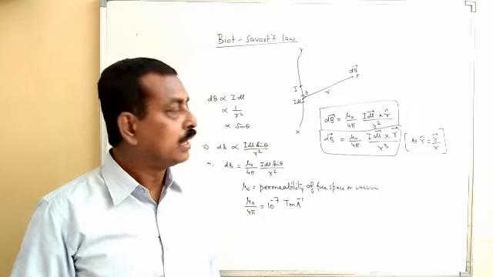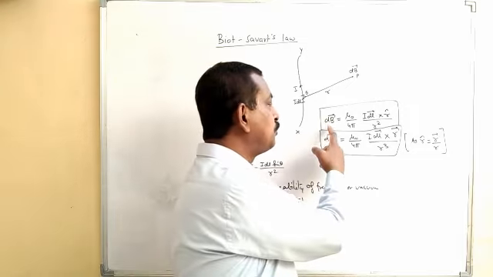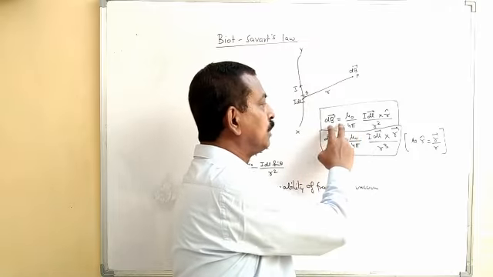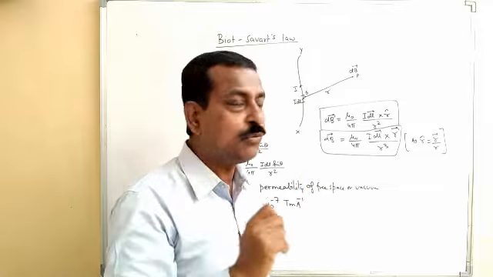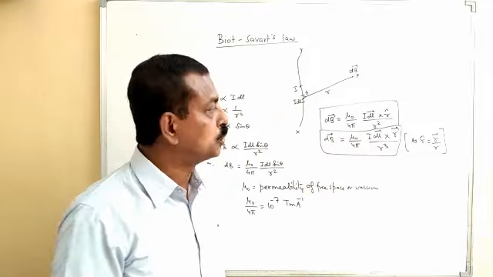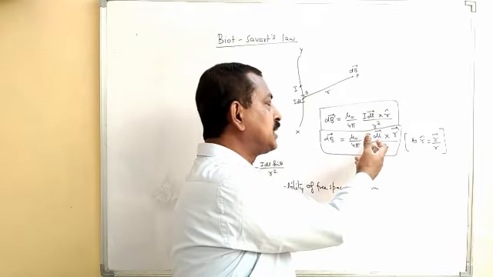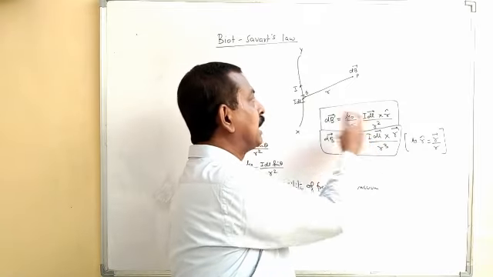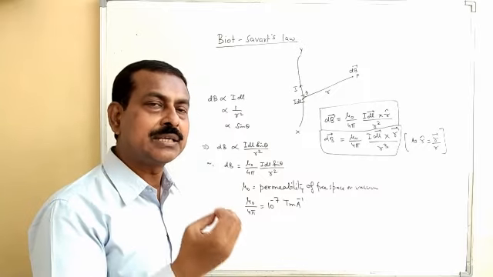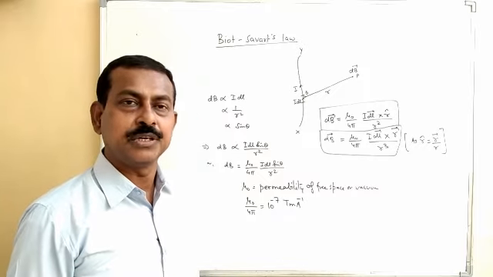Remember, the magnitude of the magnetic field we can give by this expression, and the direction will be given by the cross product. You just take the cross product of the current element and the r vector, and with that cross product you can easily get the direction of the magnetic field.